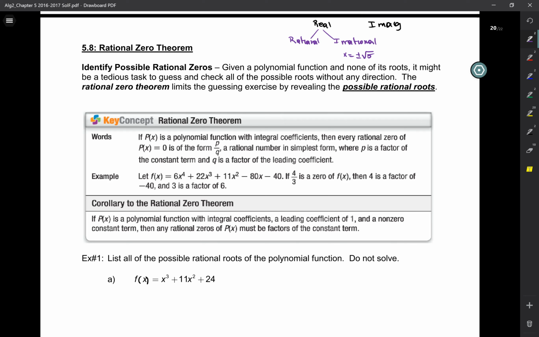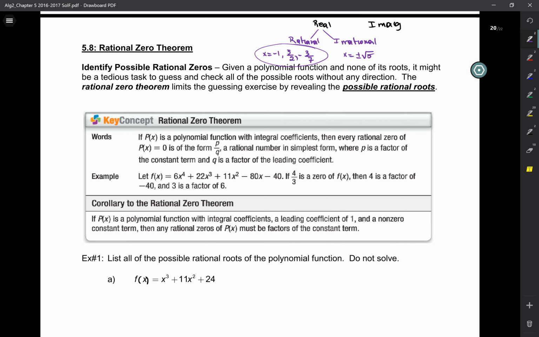So what about a zero that is a rational number, right? It could be anything like x equals negative 1, 5 over 2, negative 3 over 7, and so on. All right. So if we just focus on these rational numbers, how many rational numbers are there in the universe?